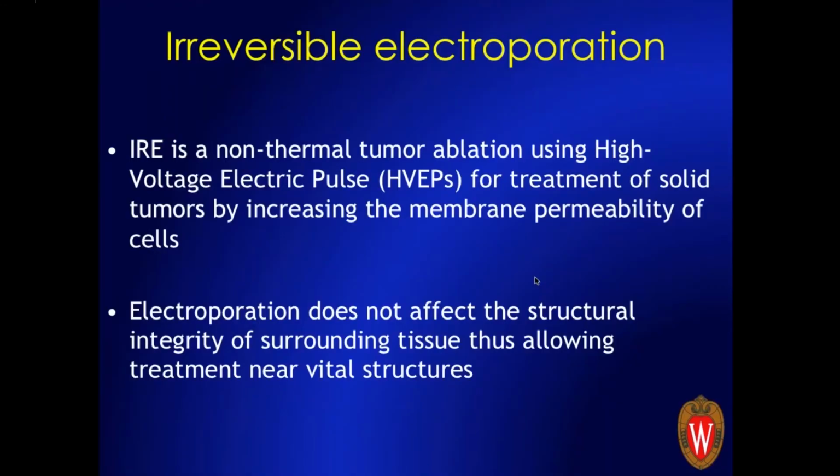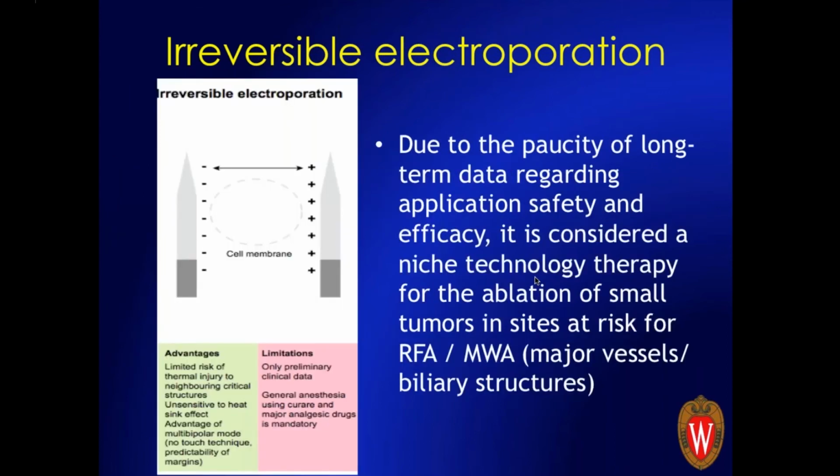Irreversible electroporation is a non-thermal tumor ablation using high voltage electric pulses, and is used in solid tumors, increasing the membrane permeability of cells. The advantages of this treatment are limited risk of thermal injury to neighboring critical structures, insensitivity to the heat sink effect, and other advantages of the multibipolar mode.